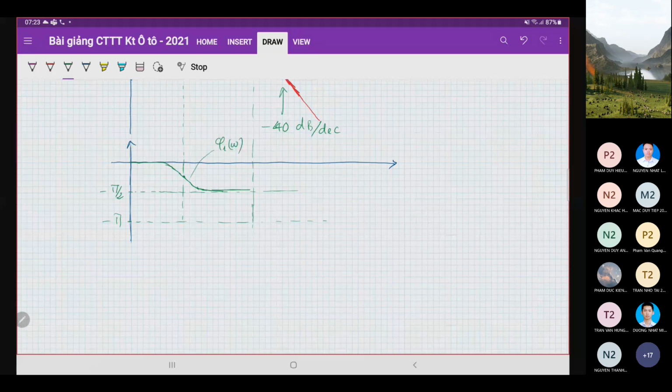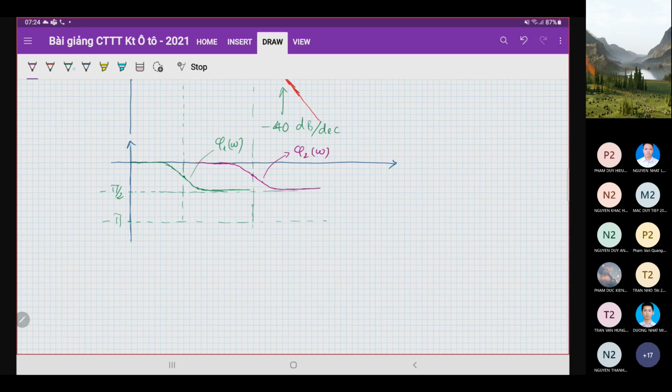Okay, and the other one, phi 2, will be like this. And here we have phi 2(omega).